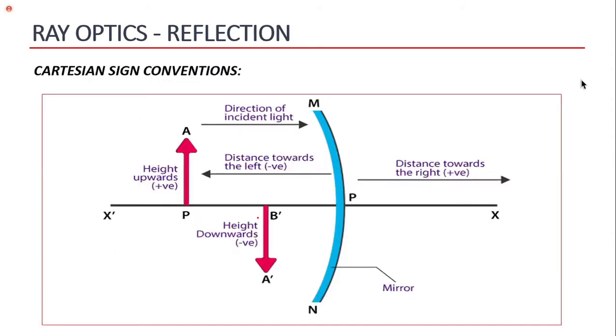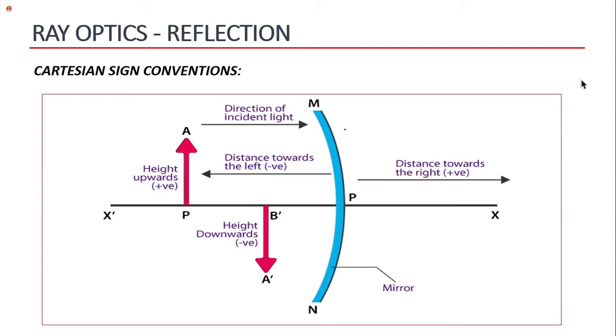Before going further, put your heading as sign convention. Please remember, we will be going for your Cartesian sign convention. If you take pole as your origin, anything which is going towards the right is taken as positive and towards the left is taken as negative.